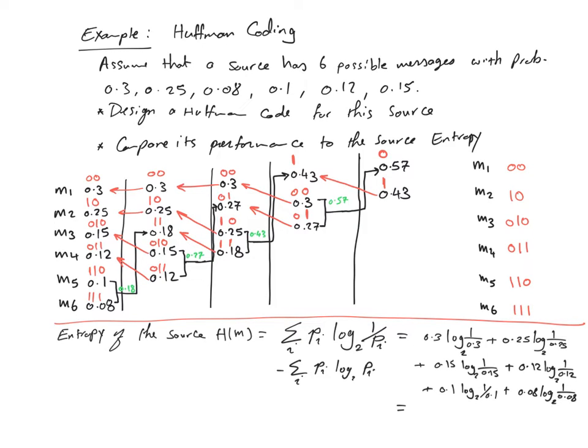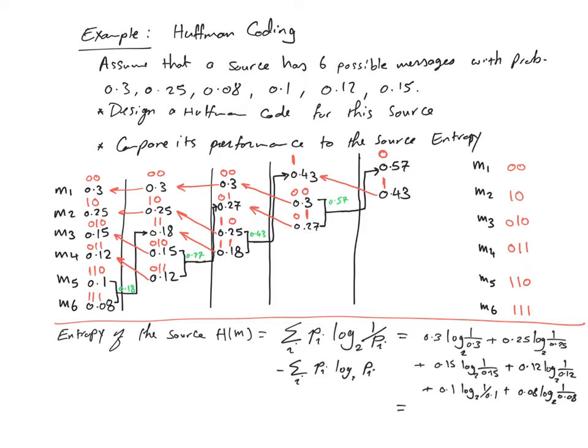2 point... 2.4 what? The first one is 0.156.